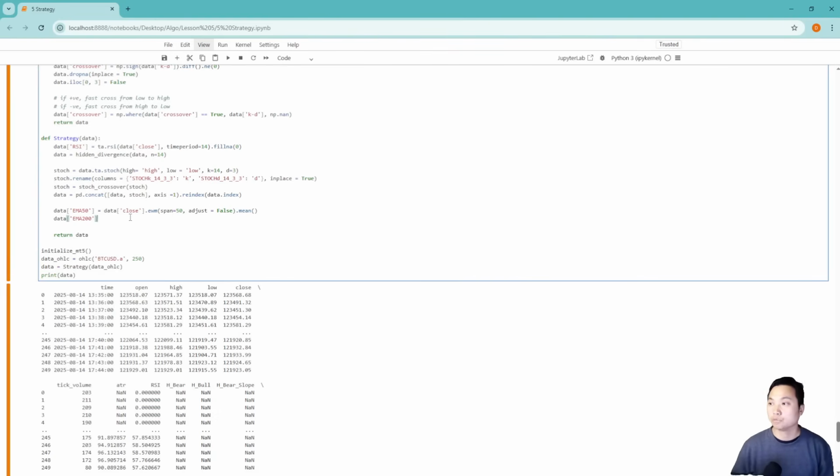If adjust equals false, it uses the recursive EMA formula that traders and charting platforms commonly use, so it matches exactly what you normally see on a trading chart. So we will set adjust equals false, and similarly modify this one to 200.